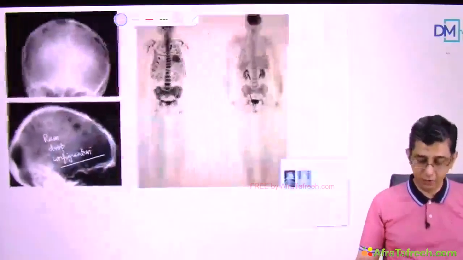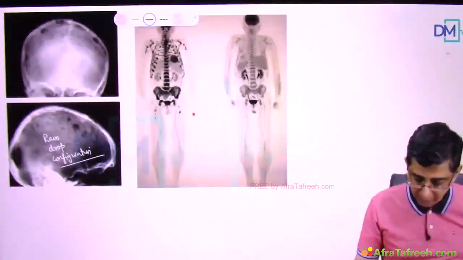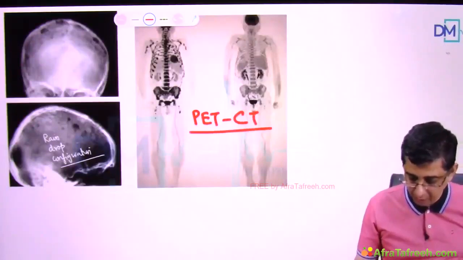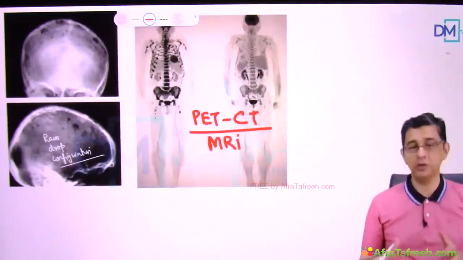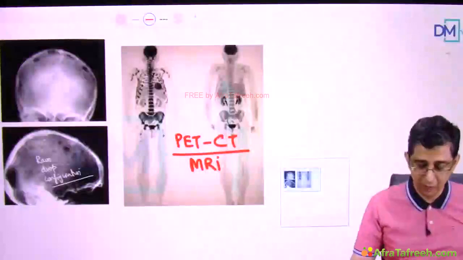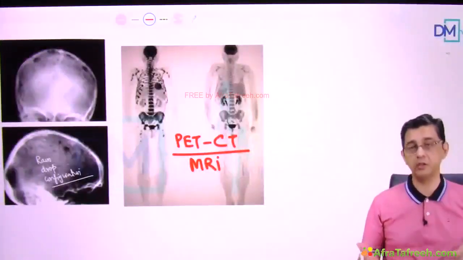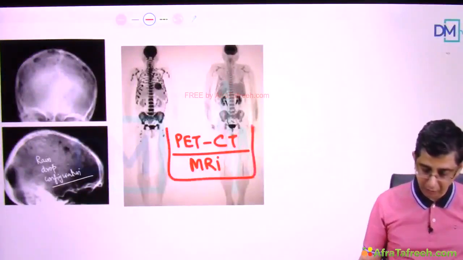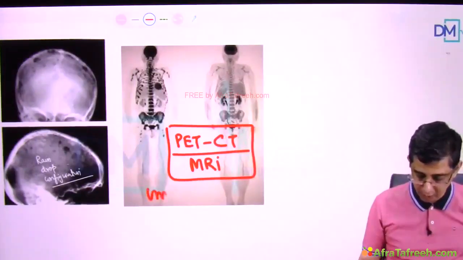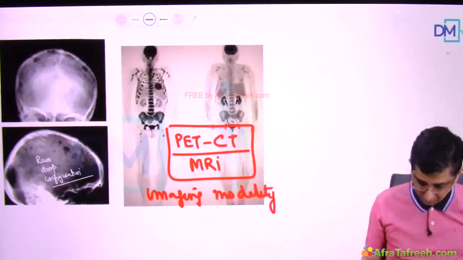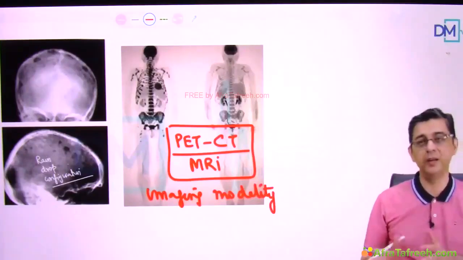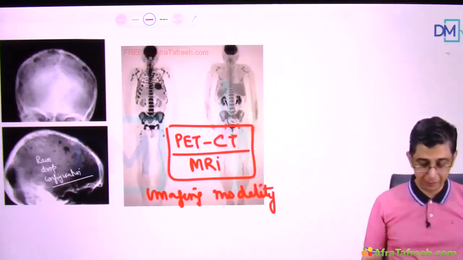And if asked what is the best way to identify the disease process in the patient, it is a PET CT or an MRI that will tell you the whole expanse of the disease, because you can actually see whichever bone areas are getting involved in the patient. So the imaging modality of choice for multiple myeloma is a PET CT followed by MRI, whichever is available. And lytic lesions in X-ray skull are a very late presentation of this particular individual.